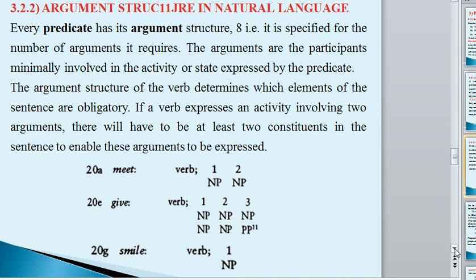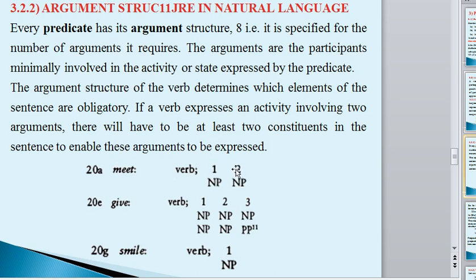So each predicate needs its argument. What is an argument? An argument is the participant involved in the activity and it's an obligatory part of the sentence. For example, look at these examples. The verb meet, or predicate meet, needs 2 kinds of participant, as you know.